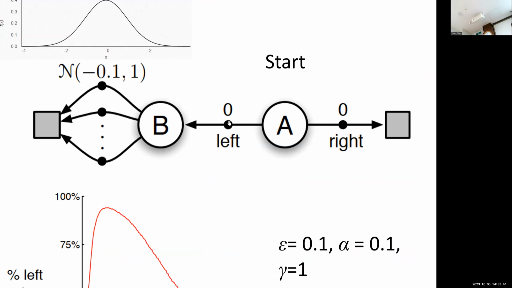But there is a 50% probability that the left action will not be selected, because we will use the other Q2 to update the policy. So we reduce the possibility of falling into this maximization trap.